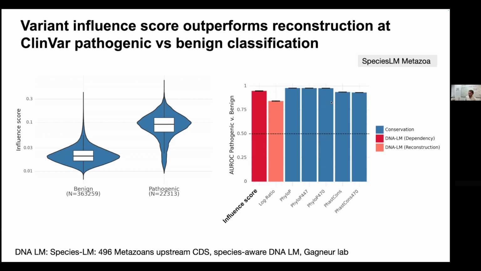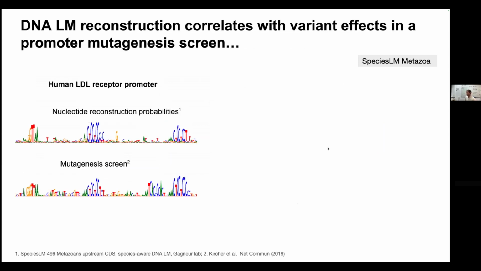However, one has to say that the way this ClinVar defines pathogenic and benign variants is also helped by these scores, so there is a slight bias here. So we decided to focus on a different data set.